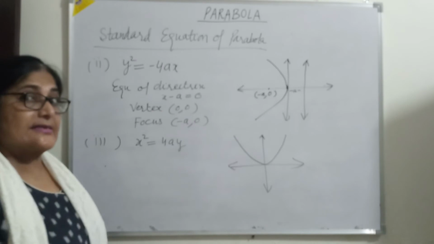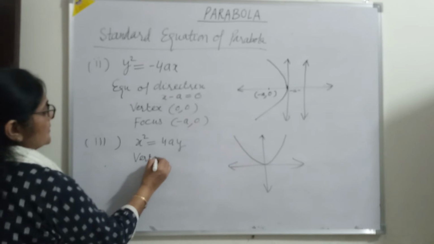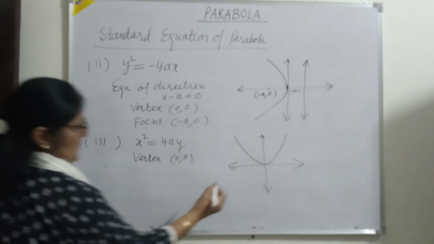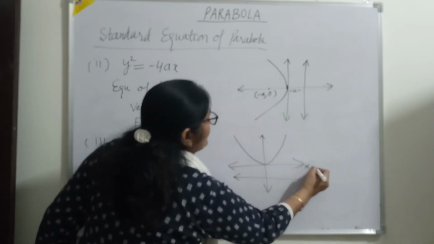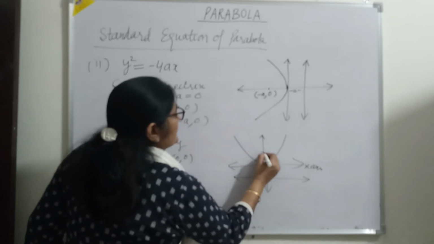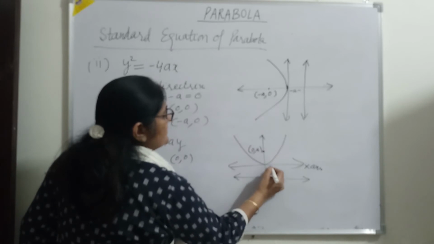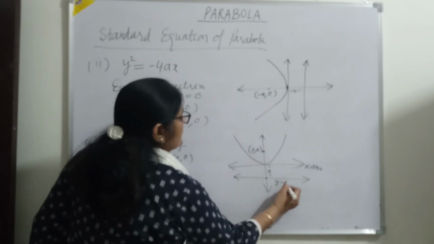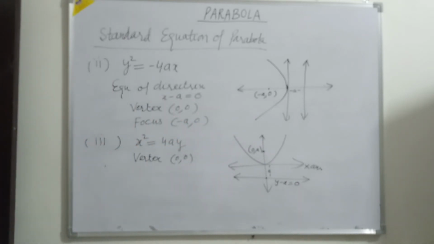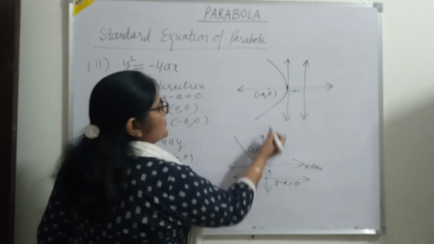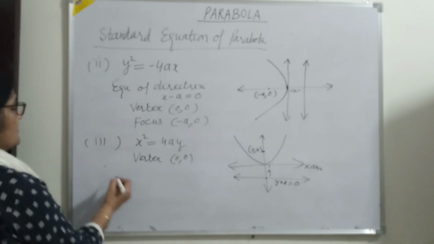We have taken the simplest form, whose vertex is at the origin. The directrix is parallel to the x-axis. The focus is (0, a), so this distance is a. Y is positive on the upper side, so the directrix is y = −a, that is y + a = 0.